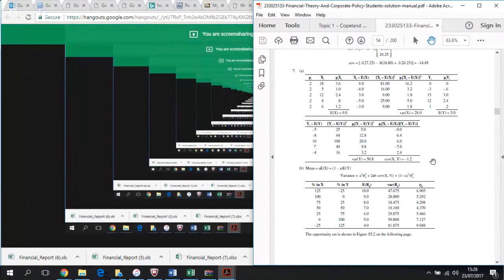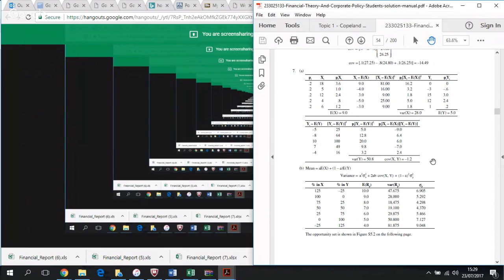Okay, the B part is the expected return on the portfolio, the mean of the portfolio. A is the weight of the return on X, the amount you invested in asset X, and 1 minus A is the amount you invested in asset Y.